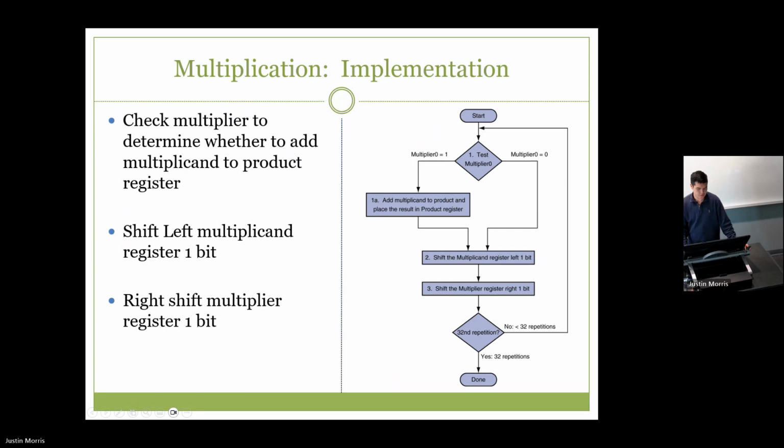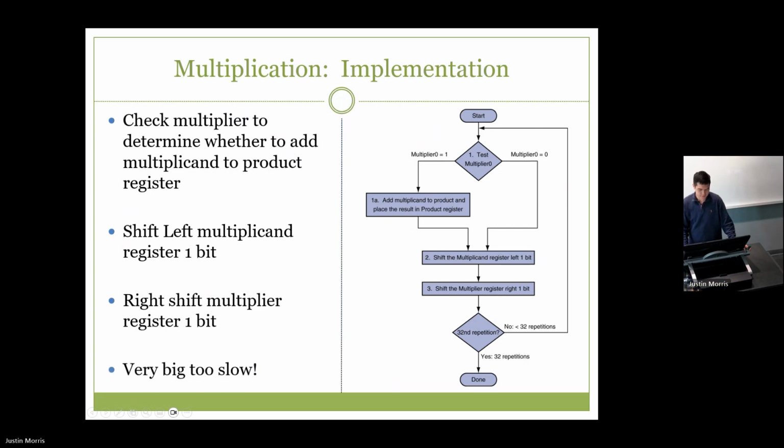All right. So this is just a flow chart of that simplified multiplication circuit. So again, we check the multiplier to determine whether we're going to add the multiplicand to the product, or 0 to the product register. And after each iteration, we shift the multiplicand to the left by 1 bit, and we shift the multiplier to the right by 1 bit to go to the next bit.